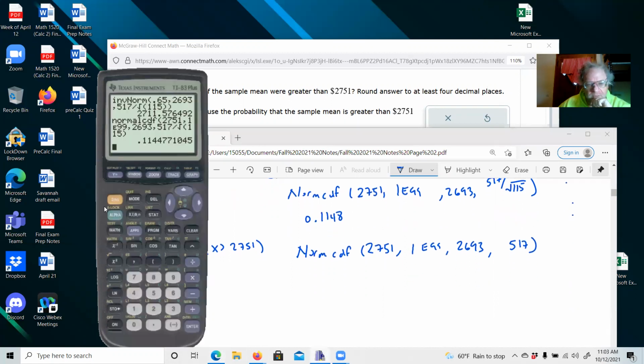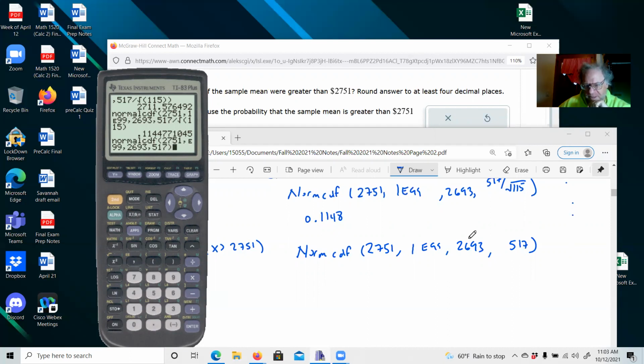Okay, so here we go. Second function, distribution, norm CDF. We're going to do 2751, comma. We need a big number, so 199. Then 2693, and then finally 517.